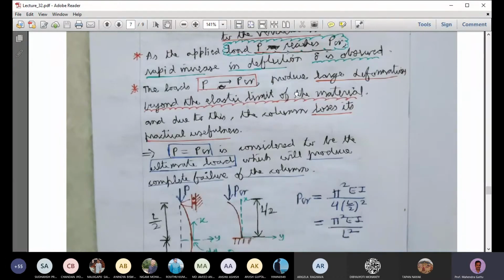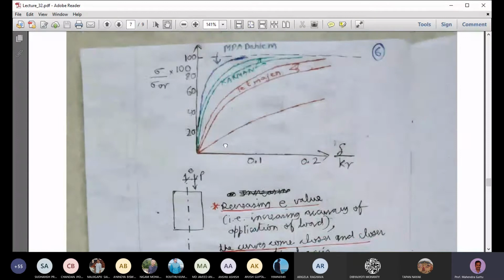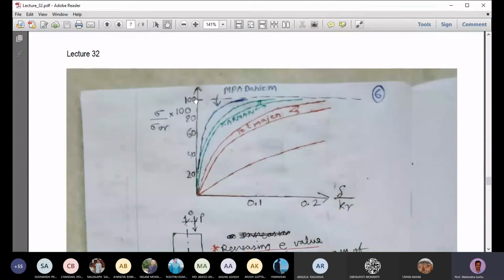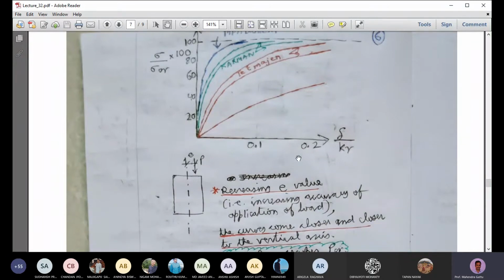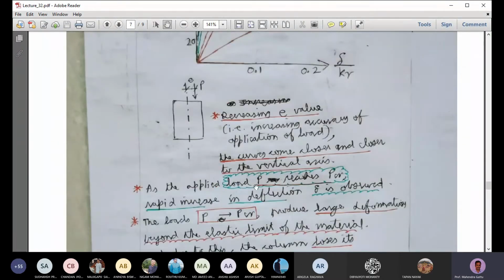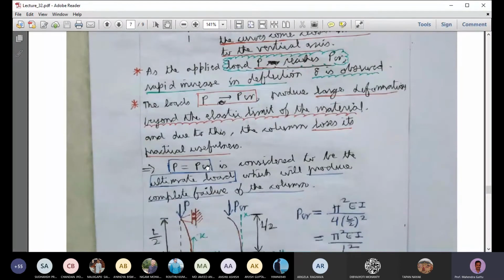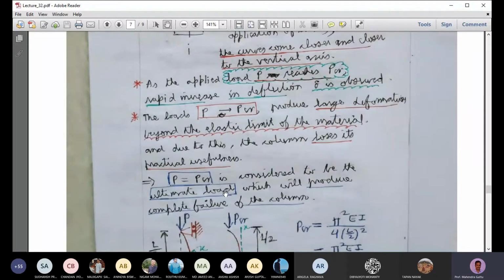So that is the significance. When you load the column, as P reaches the P critical value, it will fail completely, and the material in the column will yield and cannot take further loads. Okay, so for design, P equal to P critical is treated as the ultimate load in columns. Okay, so this is one major result.